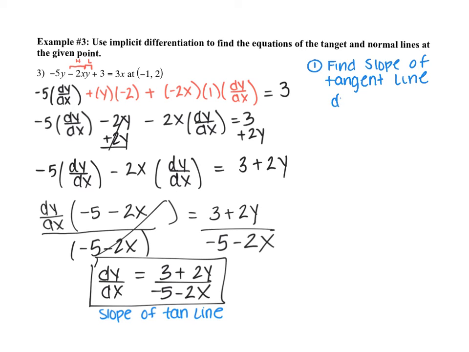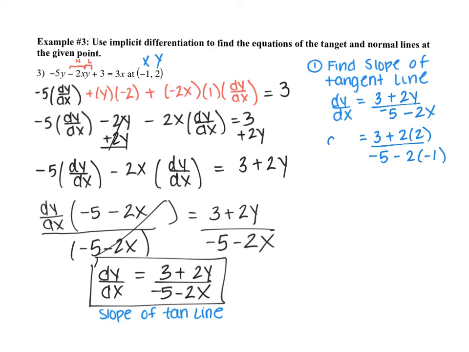My derivative, dy/dx, I'm just going to rewrite it, is 3 plus 2y over negative 5 minus 2x, and I'm going to plug in x is negative 1 and y is 2. So 3 plus 2 times 2, over negative 5 minus 2 times negative 1.